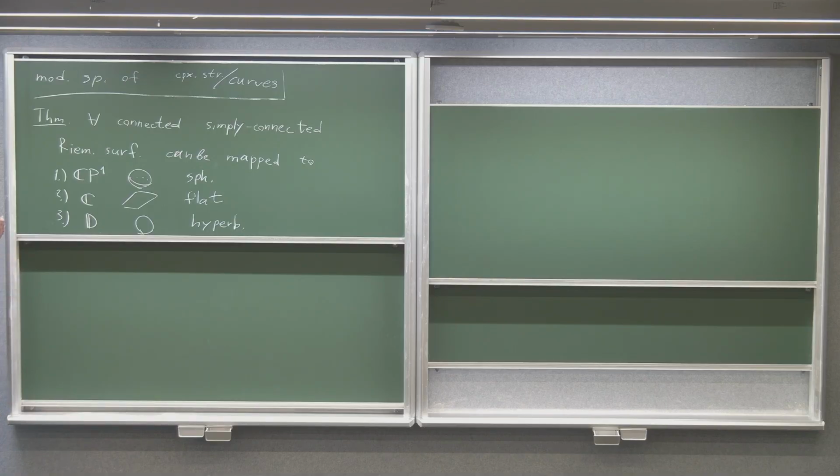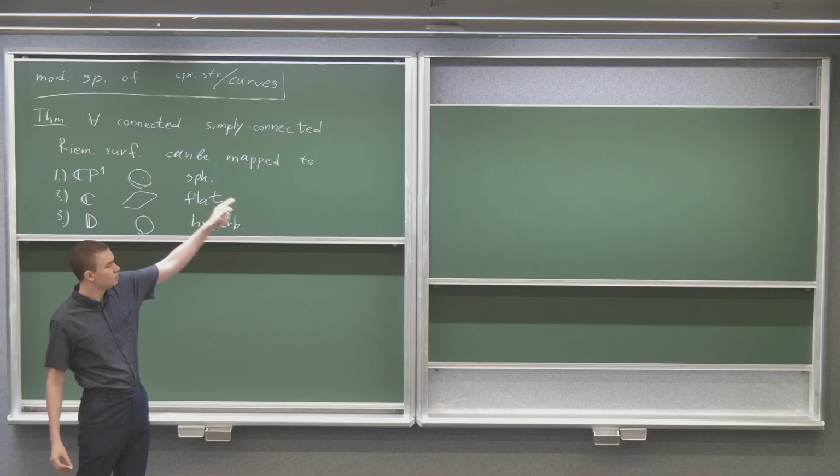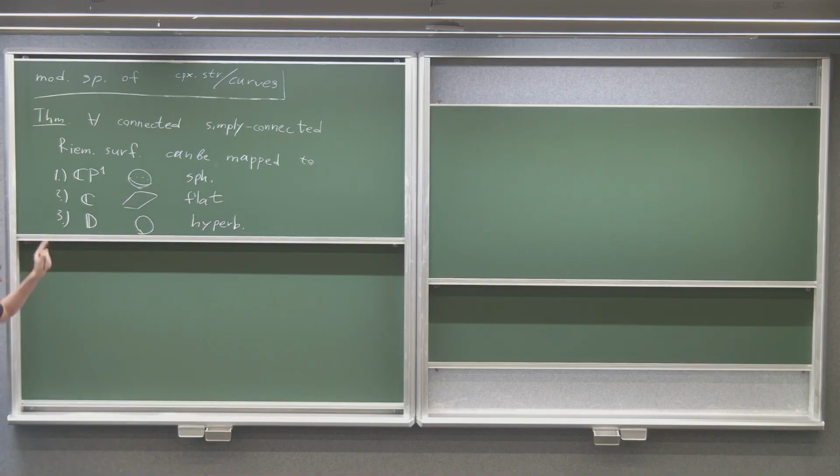Okay, so a corollary of this theorem is the following. Here you can see that I'm discussing only simply connected Riemann surfaces. Why on earth would that be interesting? The most interesting surfaces are like elliptic curves, which are tori, right, and other stuff. Why simply connected?